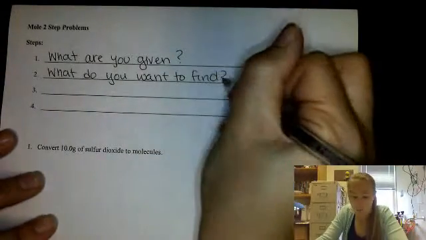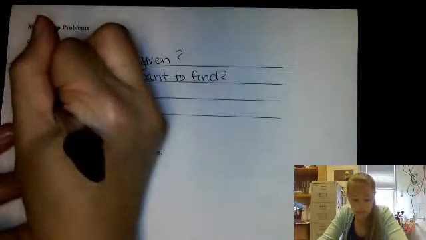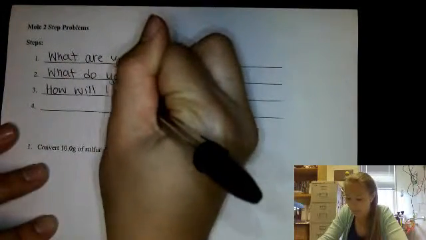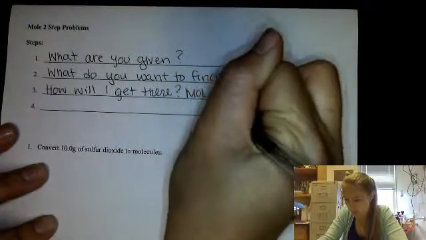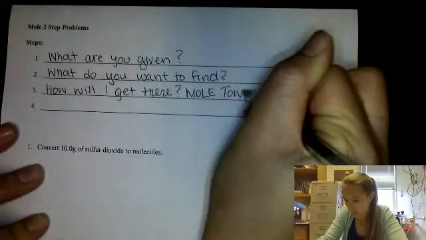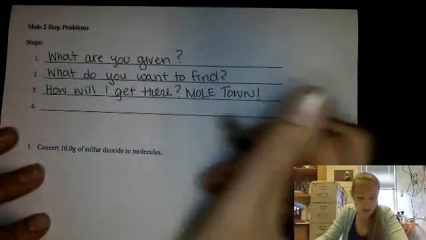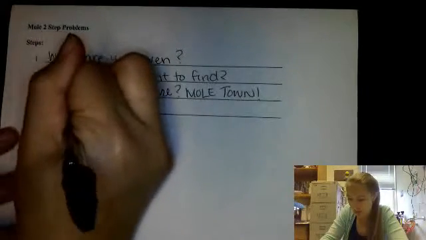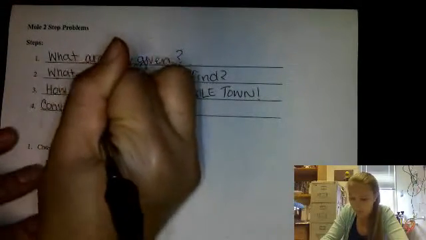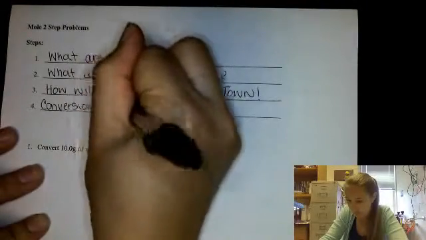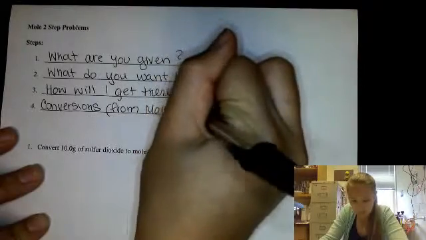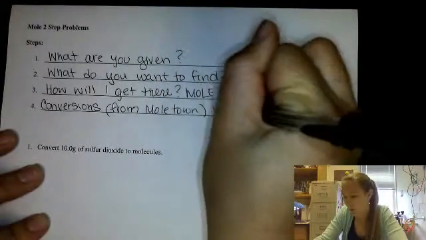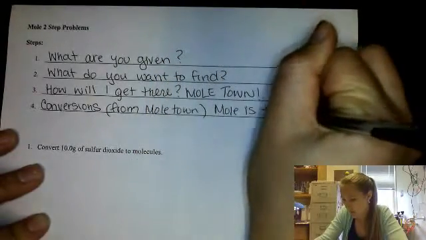Once I know what I'm given and what I want to find, I want to know how I will get there, and that's using my mole town. And then I'll use my conversions from my mole town. Because remember, our mole is the key.